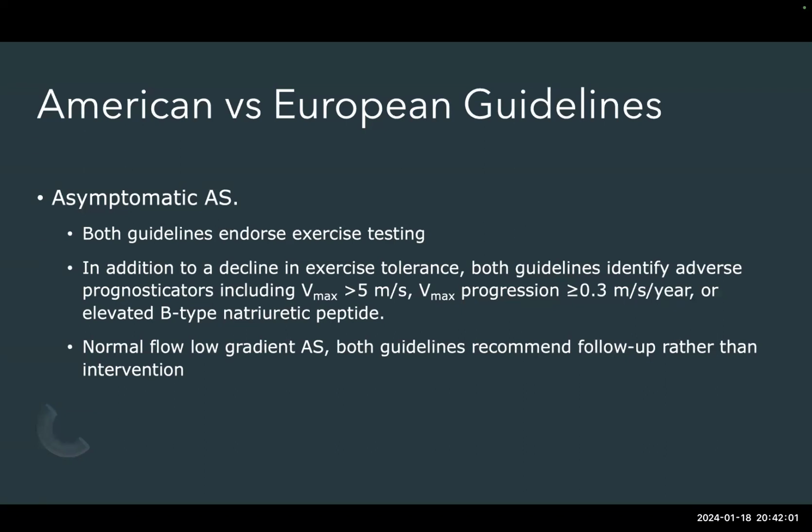But if this is the case, we can look for adverse prognosticators, including Vmax more than 5 meters per second. That means the gradient is 60 and more. So severe patients will benefit from aortic valve replacement, whether it's TAVR or surgical, or elevated B-type natriuretic peptide.